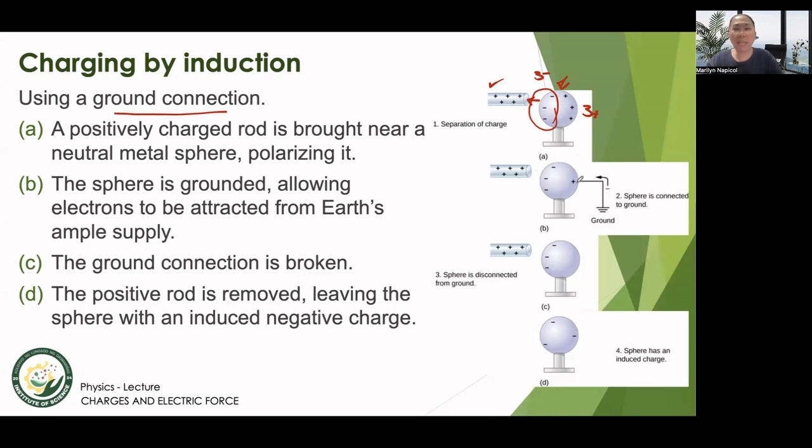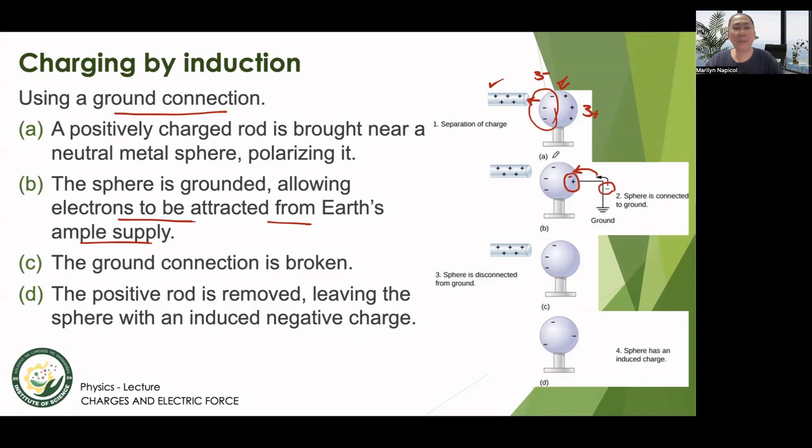Okay. Ang mangyayari ngayon dito, since ito ay magiging positively charged, pag nakakonekta po siya sa ground, we are now allowing electrons to be attracted from the Earth's ample supply. Okay, so ito ngayon na mangyayari is that meron ka ritong negative charge from the ground. Okay, it will now be attracted to the positive charges here inside the sphere. Okay.